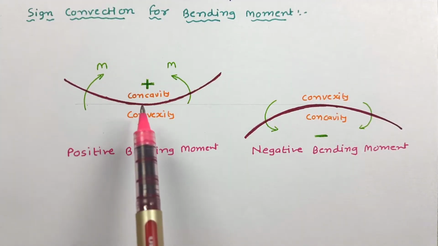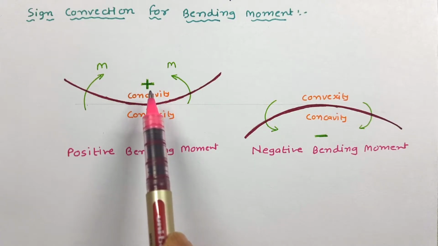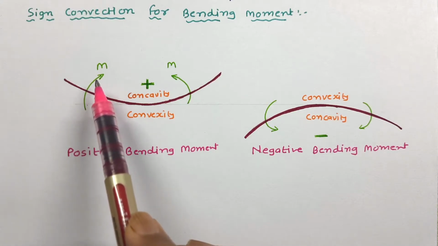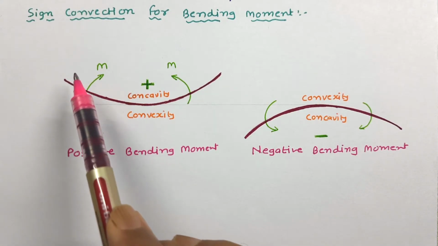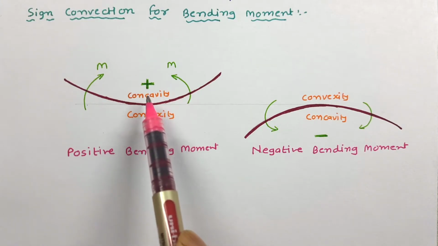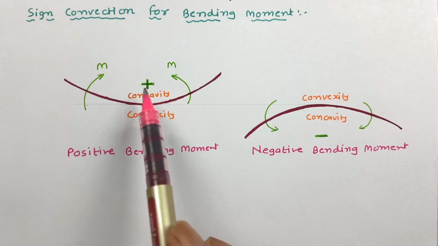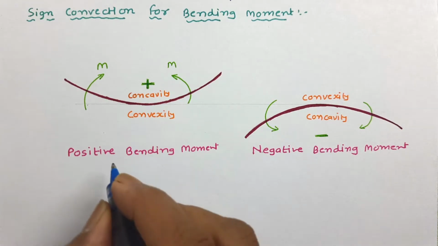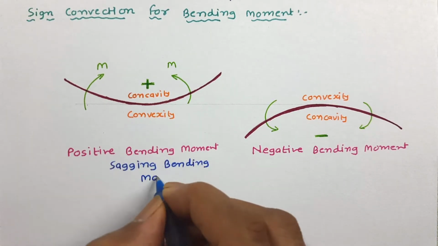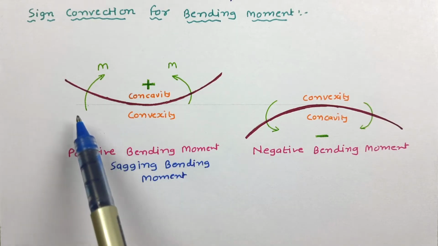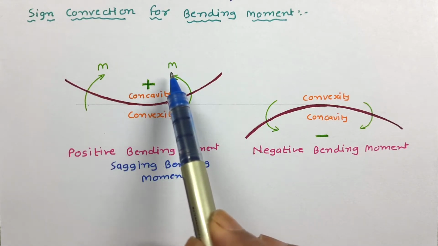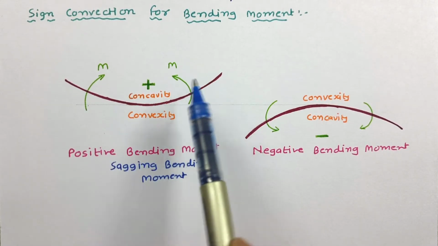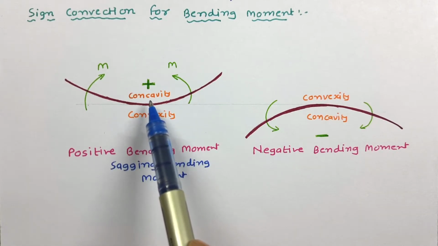The bending moment at a section is considered positive if it tends to bend the beam in a curvature having concavity at top, as we can see here, and convexity at the bottom side. So this kind of moment is called sagging moment. In sagging moment, the moment is acting in such a way that it bends the beam in this sagging shape, where concavity is upward.